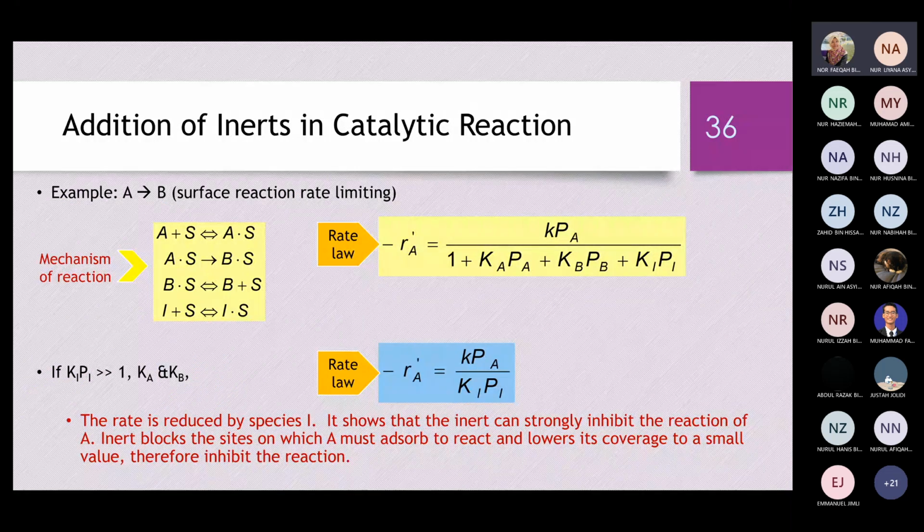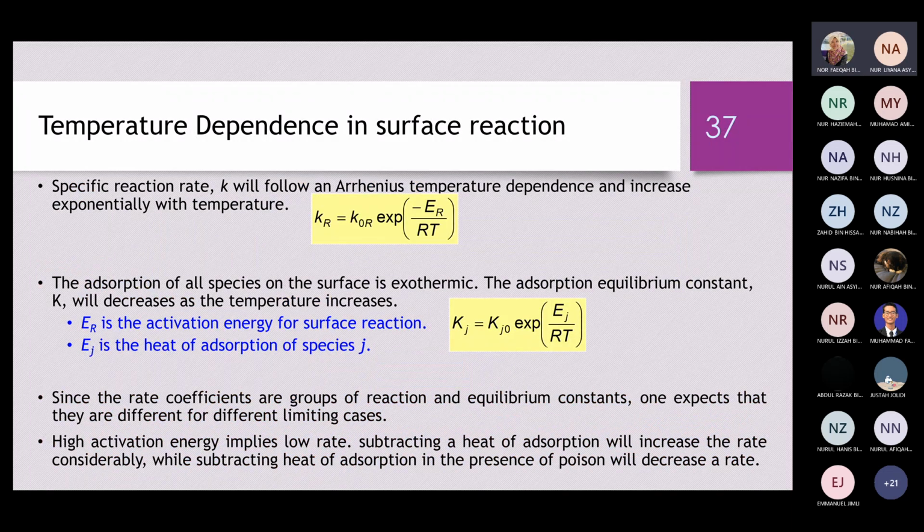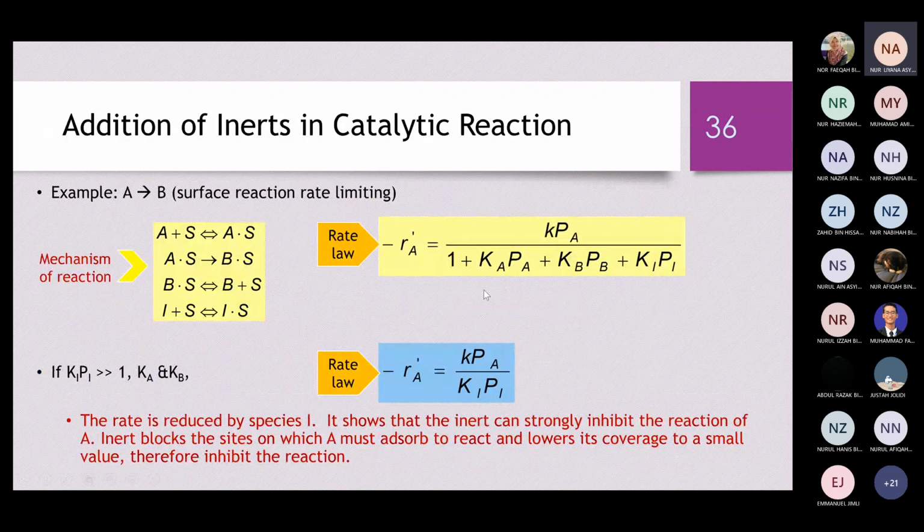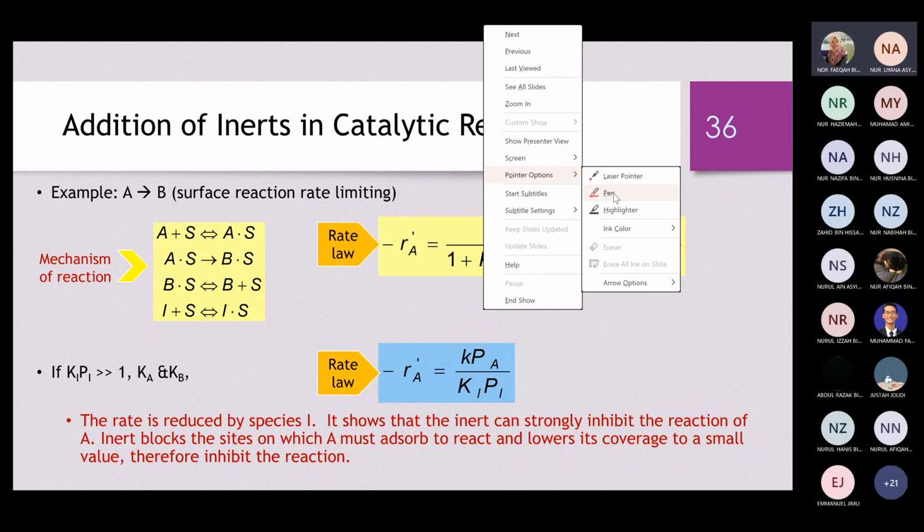Okay. So another example, addition of inerts in catalytic reaction. We know that inerts are not involved in the reaction. Okay, but some of the inerts will adsorb on the active site of the catalyst.